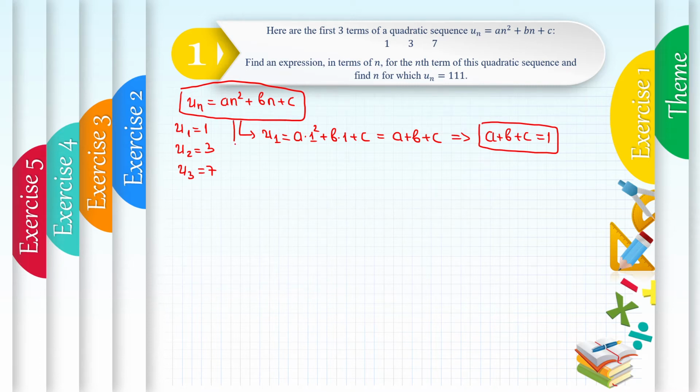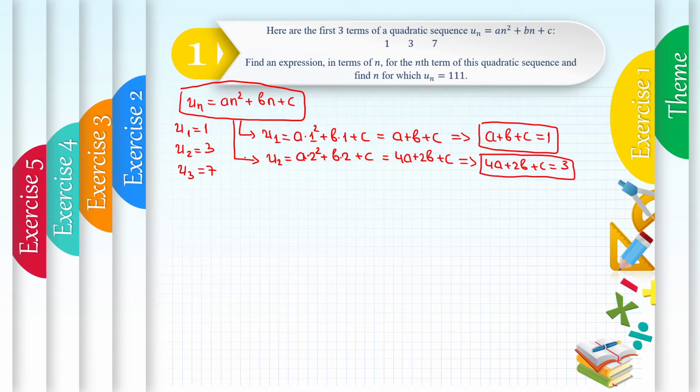Next, from this formula, we have that u2 is equal to a times 2 squared plus b times 2 plus c, which in fact is 4a plus 2b plus c. So we get that 4a plus 2b plus c must be equal to 3, because the second term of our sequence is 3.